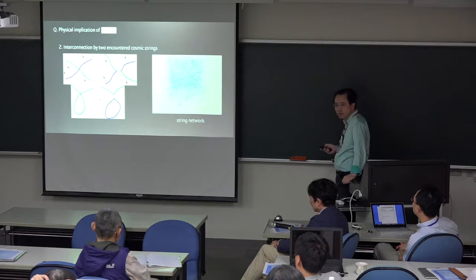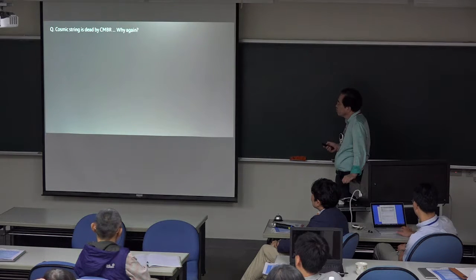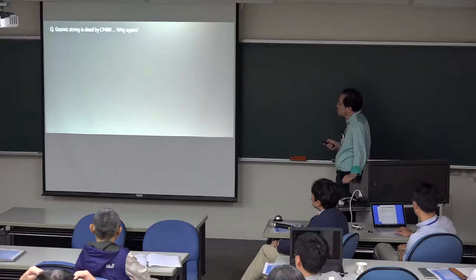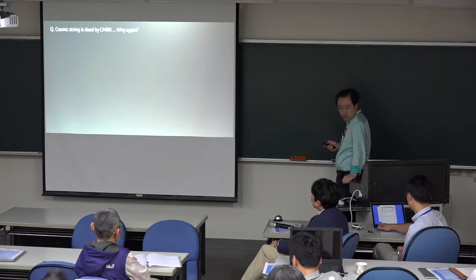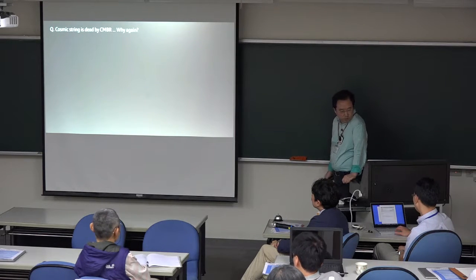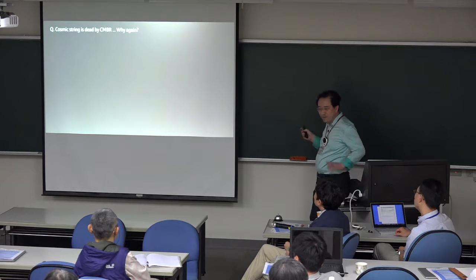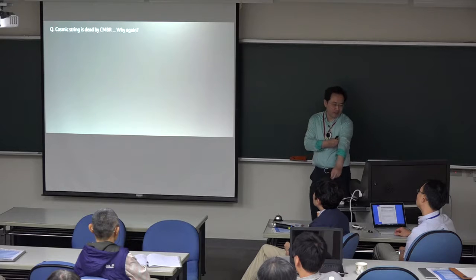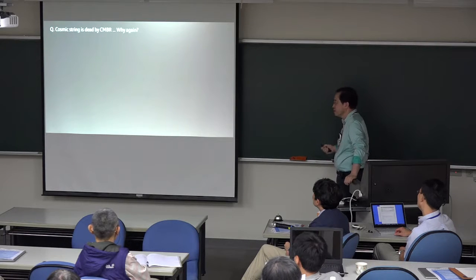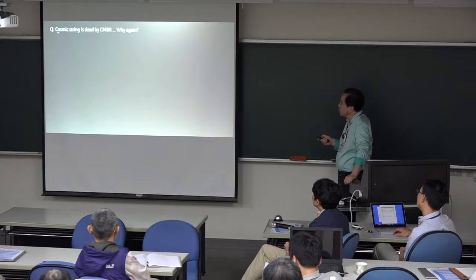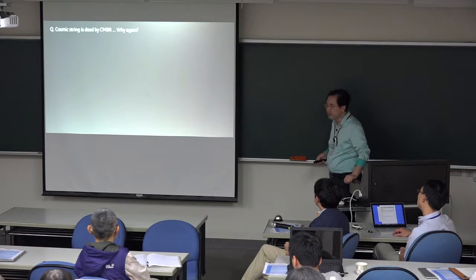This is really harmful in the sense of cosmology, because cosmology is constrained by the cosmic microwave background radiation. So if you have enough cosmic strings, and then that collides with the observation of the CMBR, so now cosmic strings are dead.